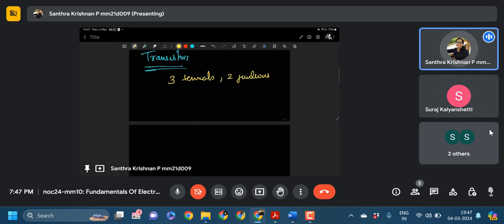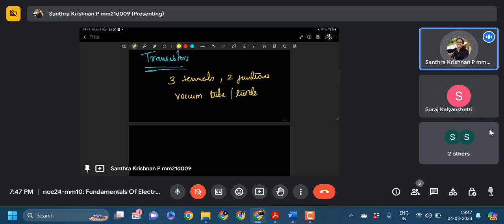And a predecessor to the transistor, can you think of? Before the solid state transistor came up, what was used? A same three terminal device, but the name is different. Yeah, triode, or commonly known as the vacuum tube.